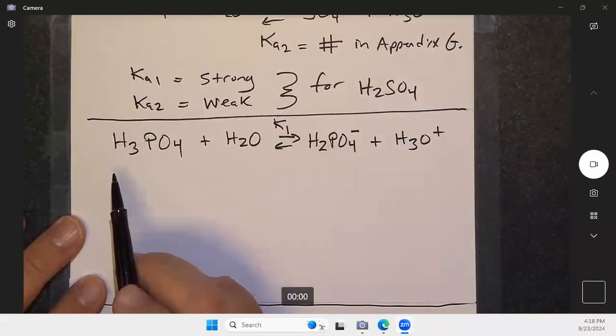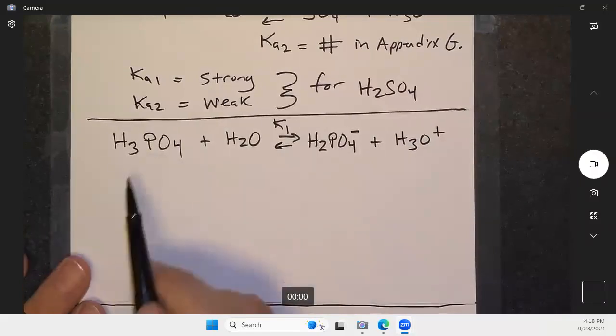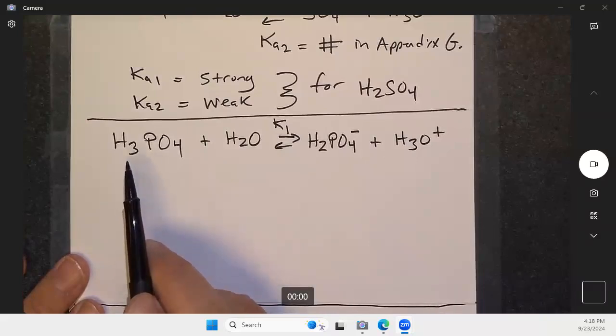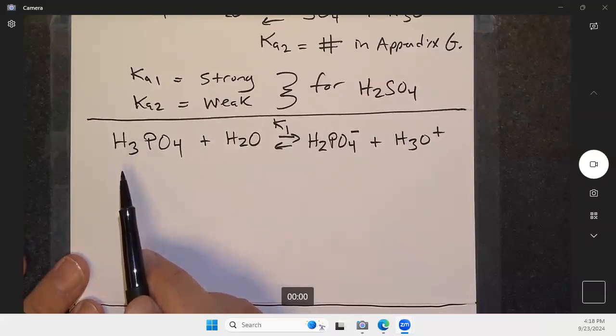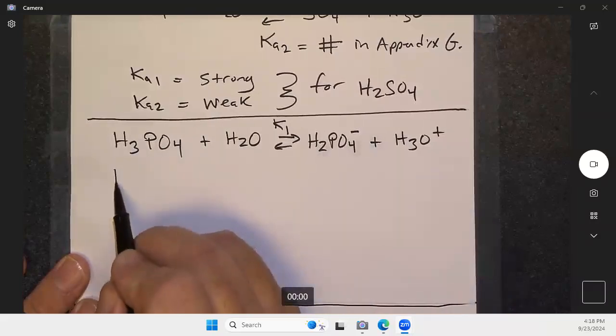Notice this is something that the book will kind of start to do, but I will do forevermore. I will write acidic protons out front. See how I have the 3 acidic protons and I've written them out front, H3PO4. And over here, there's still 2 more acidic protons.